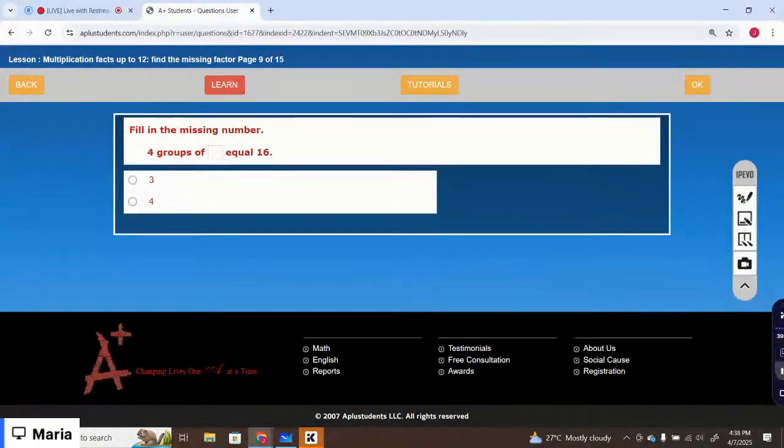Four groups of what equals 16? Four groups of 4 is 16. Option number 2 is the correct option.